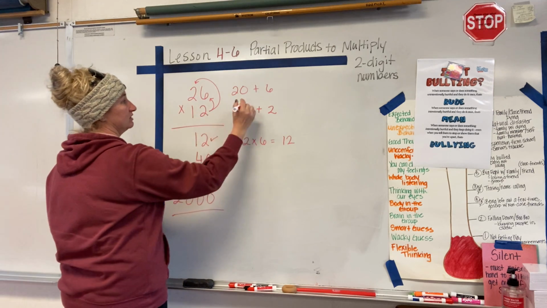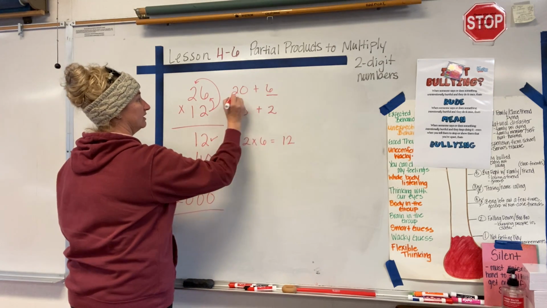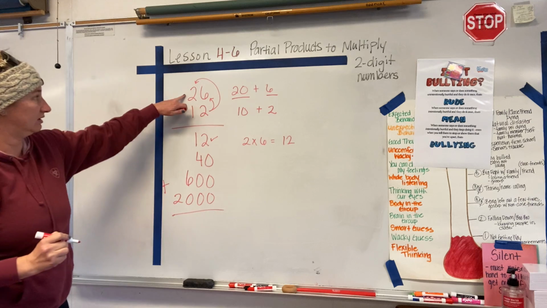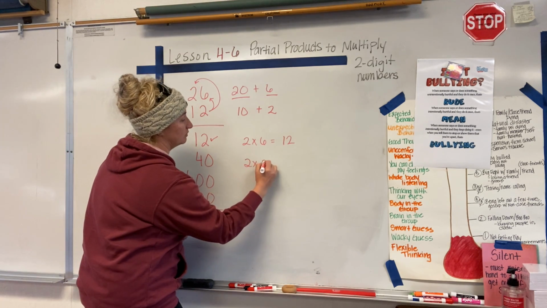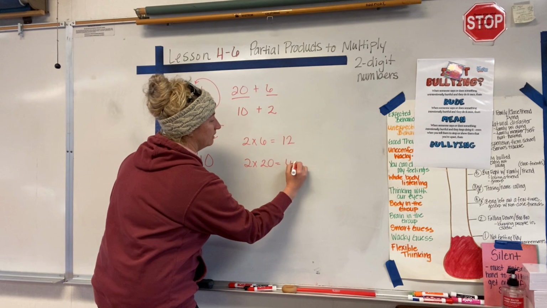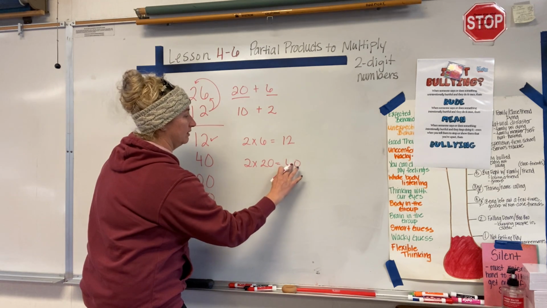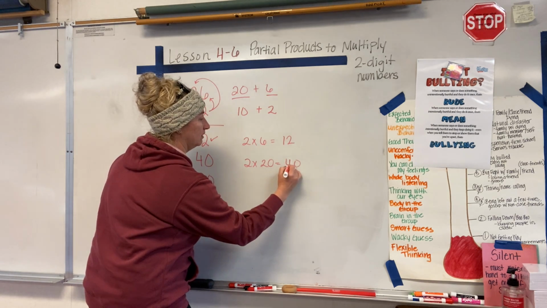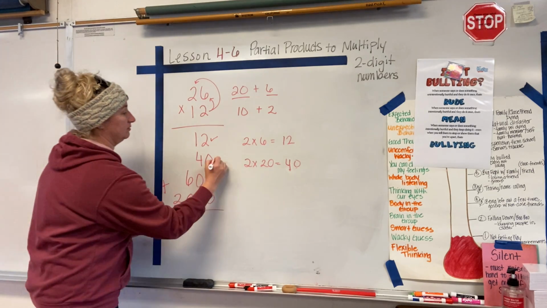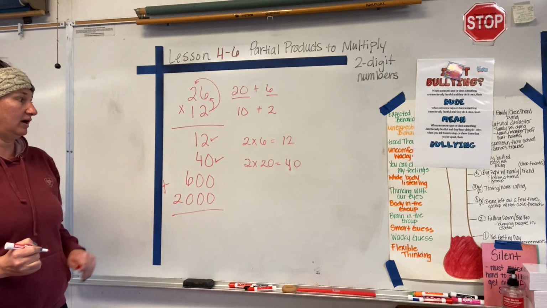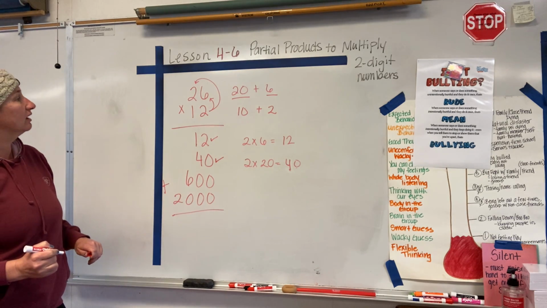Okay, so that was 2 times 6, and now 2 times 20. Okay, because the 2's in the tens place. So 2 times 20 is 40. Okay, and that matches up. Check. Okay, so these two partial products are right.